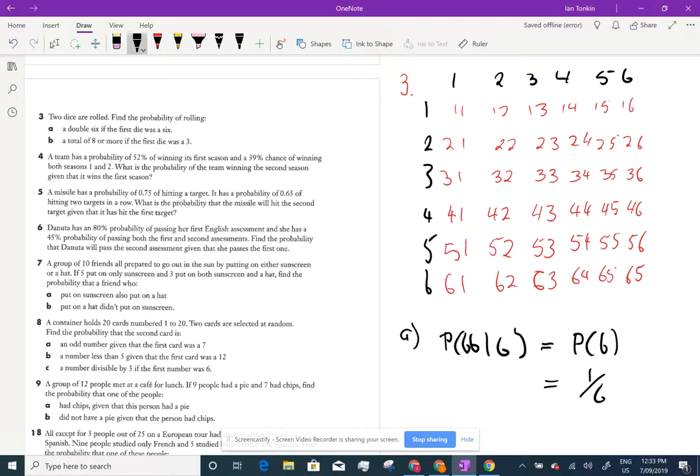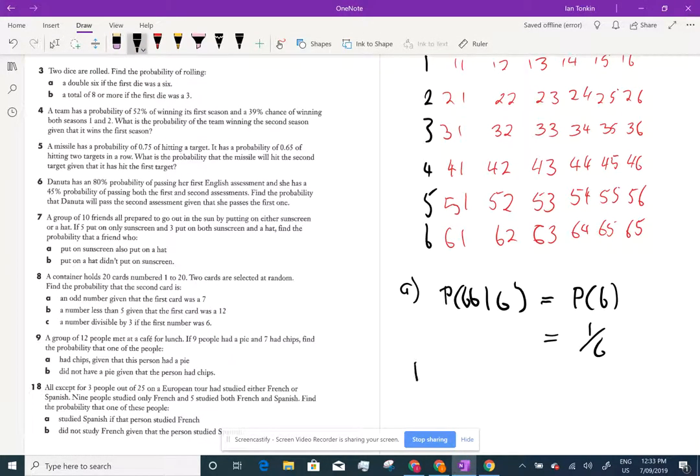The second one, B, the probability of the sum being greater than 8, if the first one was a 3. Well, what's going to make it greater than 8?